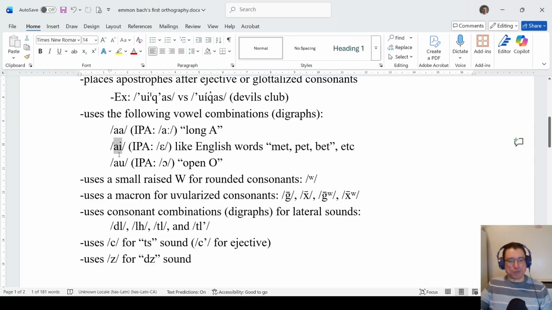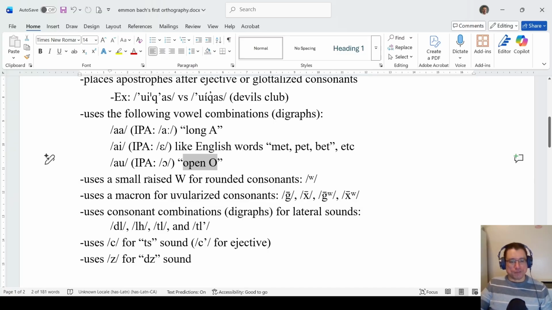And that's represented by the letters A, I in Emmon Bach's first orthography. Next we have AU. In IPA, this appears as an upside down C, and this is what's called an open O. So it makes an O sound. So it's not quite an O sound, it's open O.